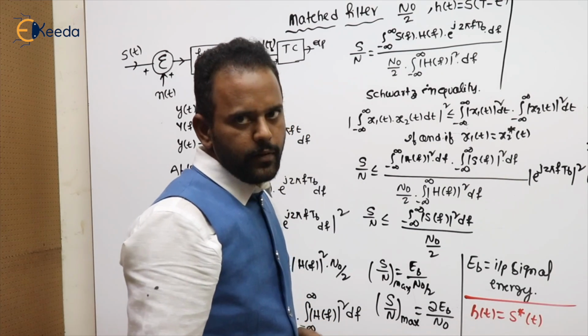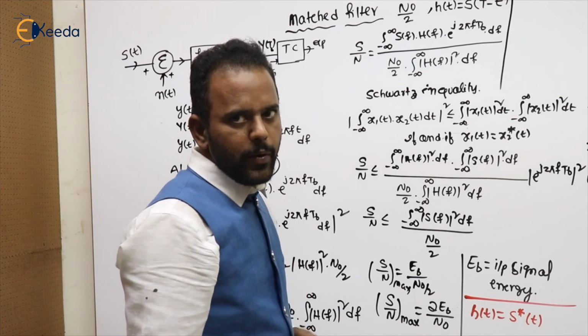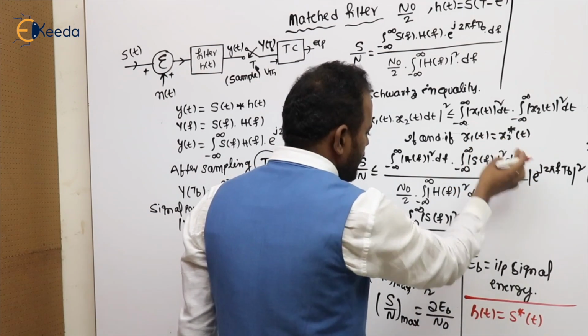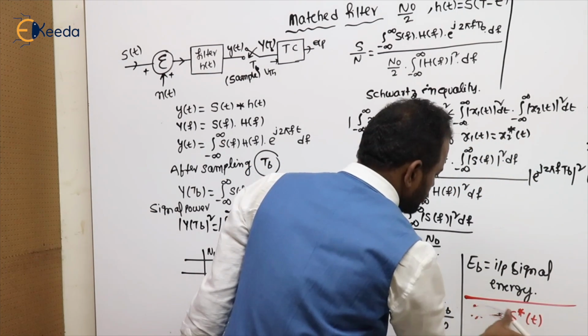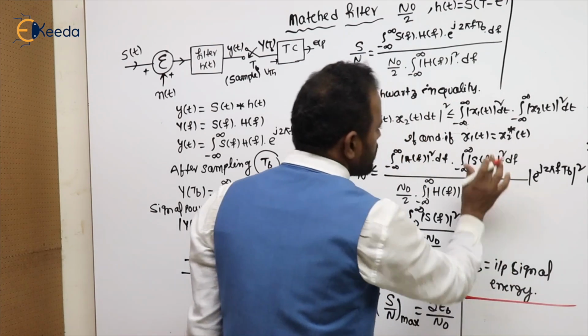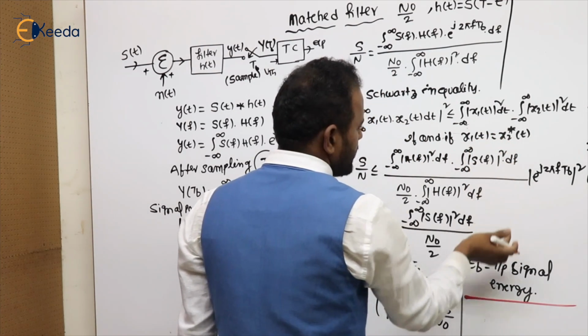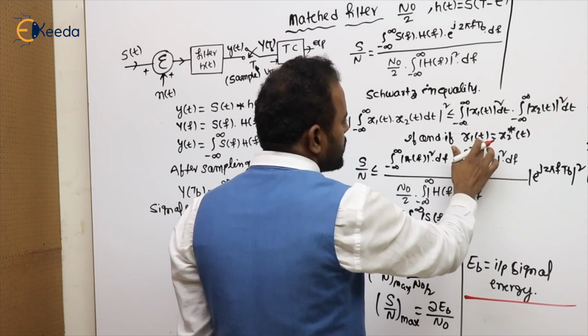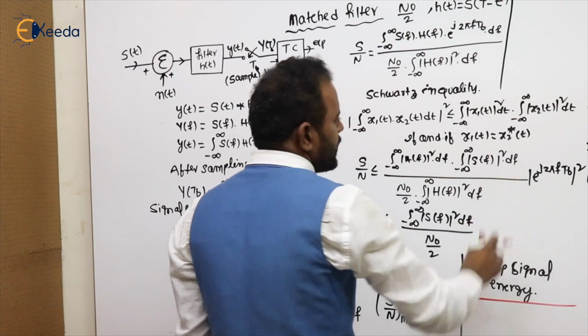Are you getting my point? Let's see what this condition is: when the two signals are like this, the first signal you can take as h. So h(t) is equal to s conjugate of t.